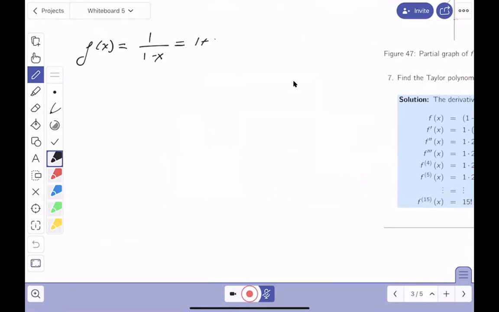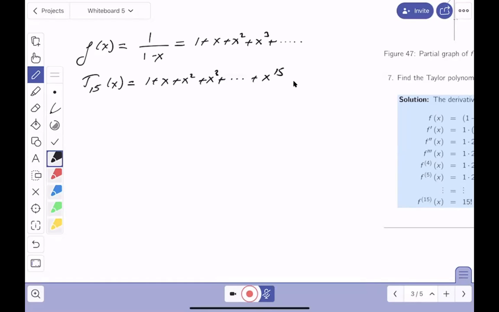So it's 1 plus x plus x squared plus x cubed plus yada, yada, yada. That's good. So if you were to write down T15, what would you get? 1 plus x plus x squared plus x cubed, yada, yada, yada, up to x to the 15. All right, that's not so bad.